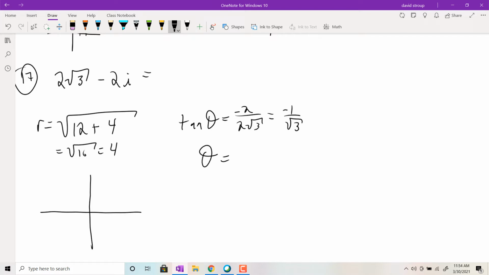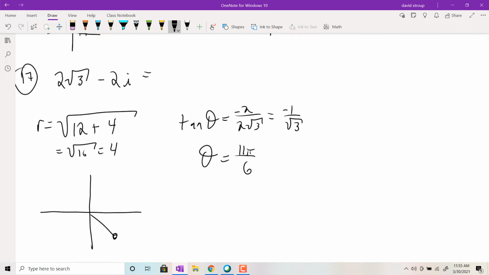So 2 root 3 is positive, and then down is in this quadrant. So it's in the fourth quadrant, and the reference angle that gives me 1 over root 3 would be pi over 6. So I need the pi over 6 version that's in the fourth quadrant. So that would be our 11 pi over 6.